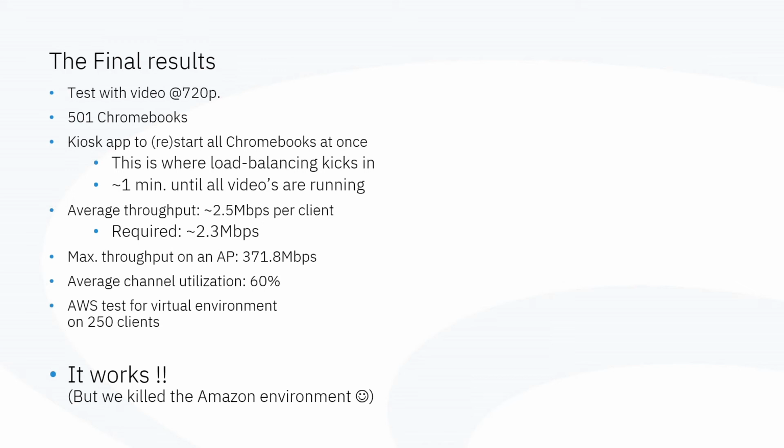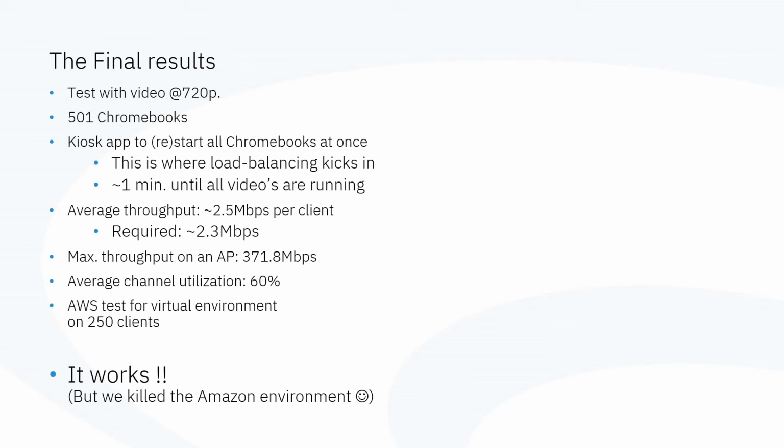That means that we came with an absolute throughput per access point of about 370 megabits per second, and an average channel utilization of 60%, which is not that bad. I mean, anything above 70 to 80% pretty much dies out your network, but 60% is pretty good.